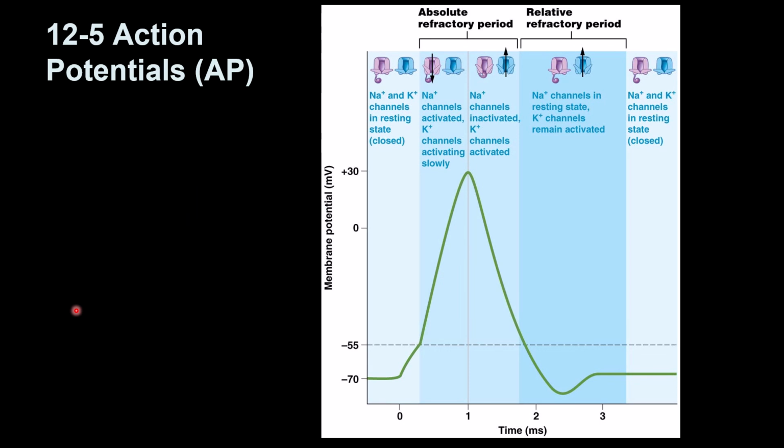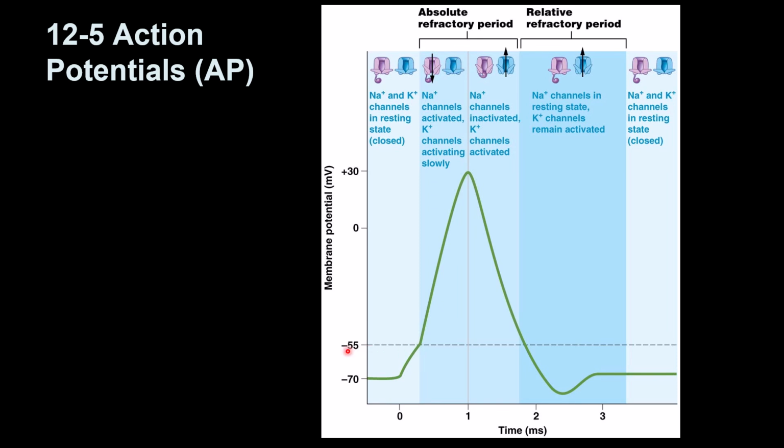Here are two other things that will be discussed about the refractory period: the absolute and relative refractory period. Let me start from here. This is at rest, no stimulus is there, and inside the cell the membrane potential is negative 70 millivolts. A stimulus comes here, and it is strong enough that it goes above the threshold.